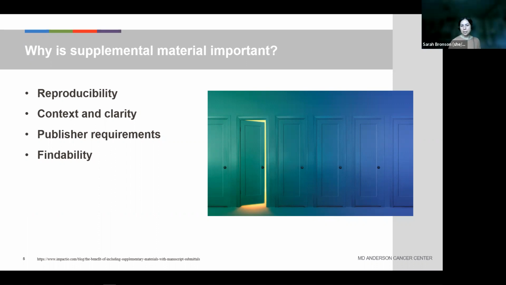And having more detail in your paper published in the form of supplemental material also improves the discoverability of your article. If someone doesn't subscribe to the journal that you've submitted to, but they simply are searching for your topic, they may do so through backlinking. They may pull up your article through backlinking of your supplementary materials.